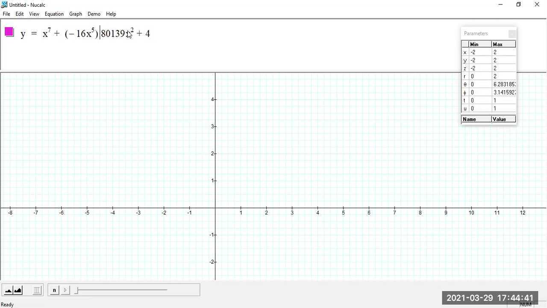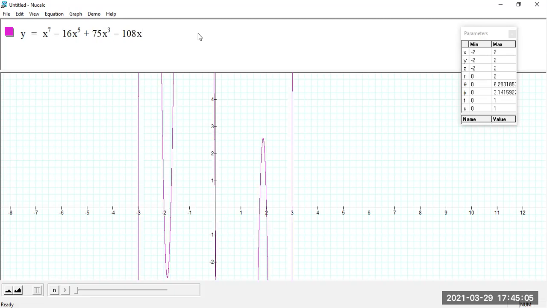What am I doing? Okay, give me a second. So this is minus 16x to the 5th plus 75x cubed minus 108x. See, that's what it looks like.